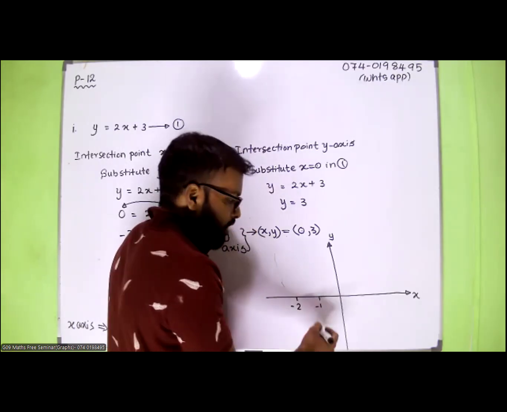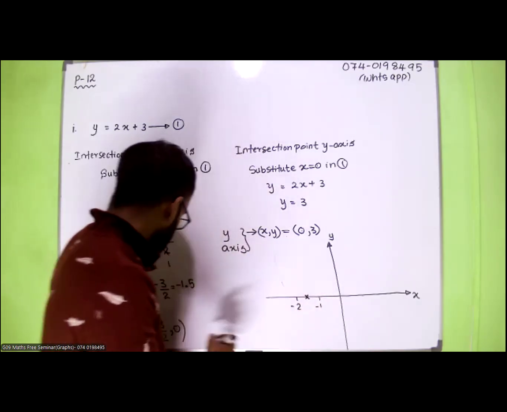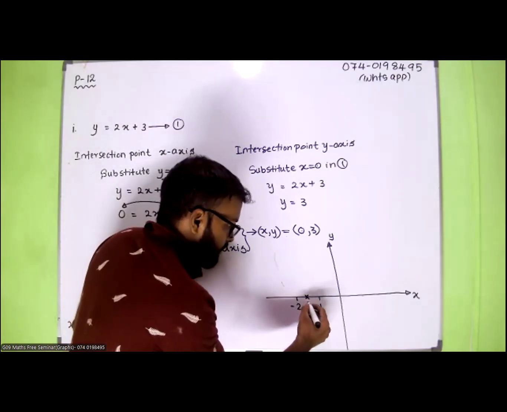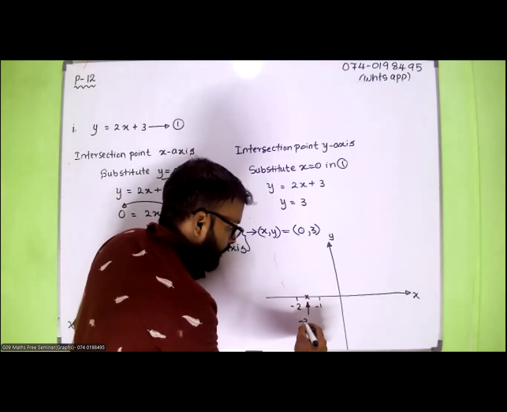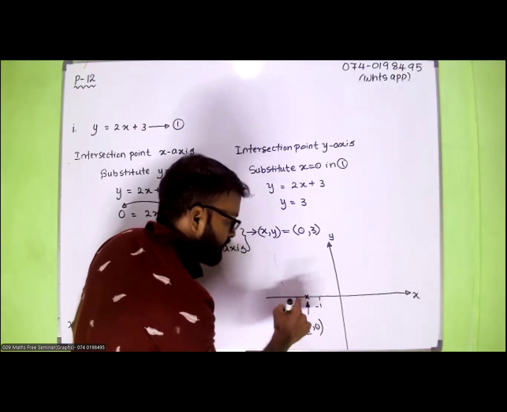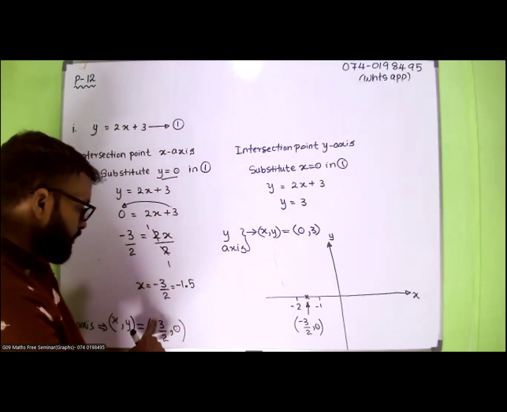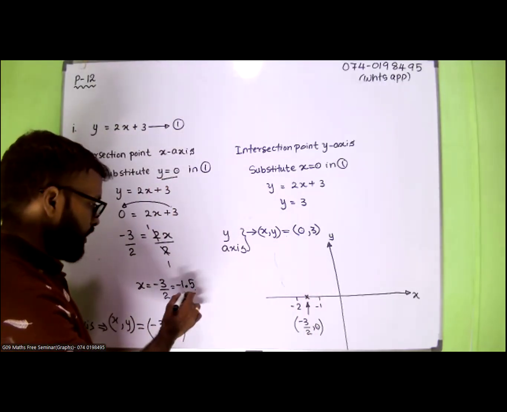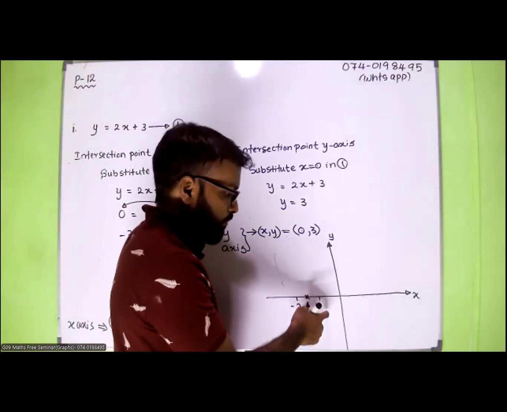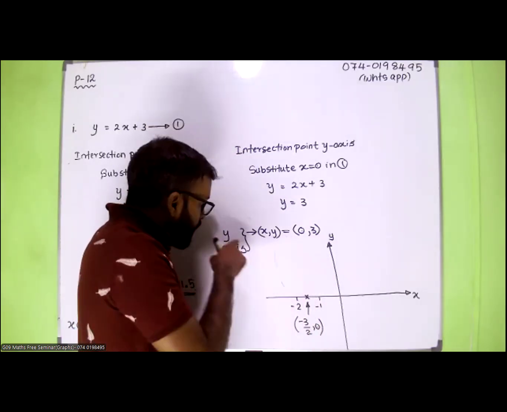In between these two, I have the intersection point of the x-axis. This is minus 3 upon 2 comma 0. Because minus 3 upon 2 means minus 1.5, it is in the middle of minus 2 and minus 1.